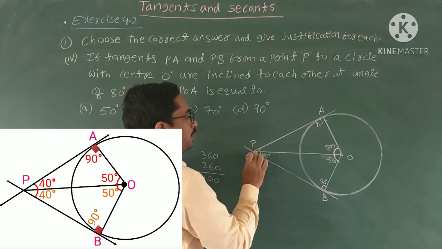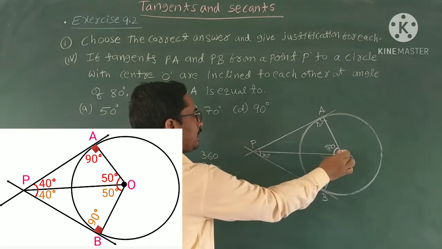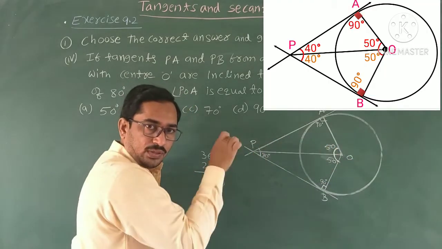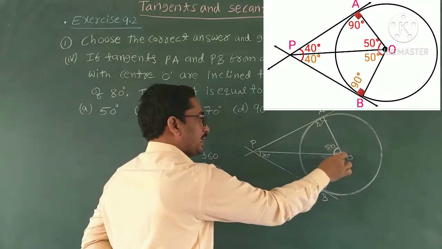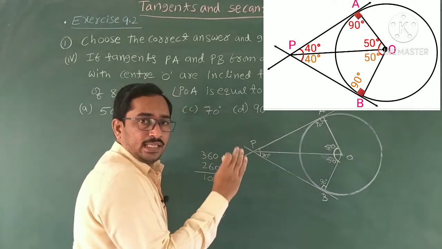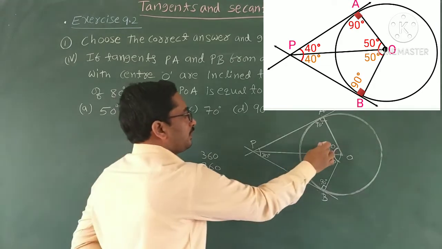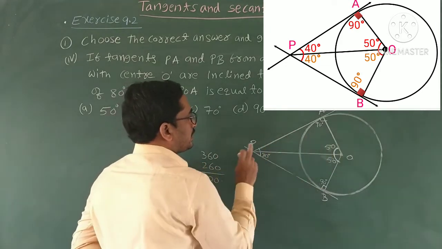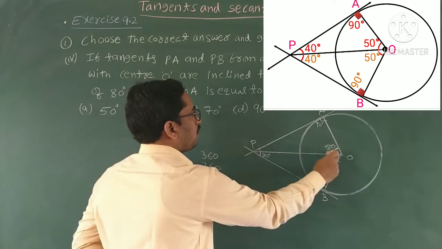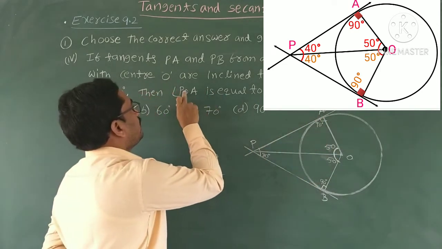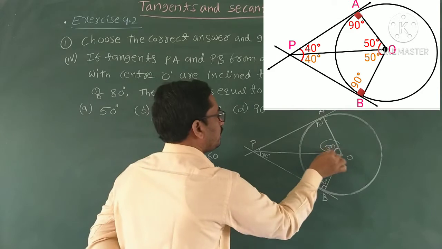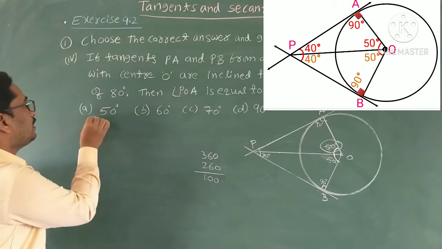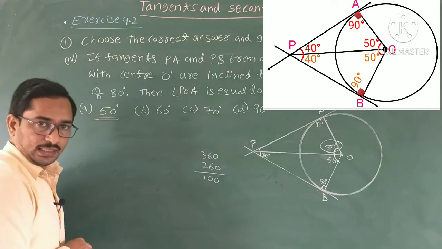So OP is the angular bisector of angle P as well as angle O. By using this concept, angle O is 100 degrees, divided into two equal parts of 50 and 50. So angle POA is equal to 50 degrees. So our answer is A, 50 degrees.